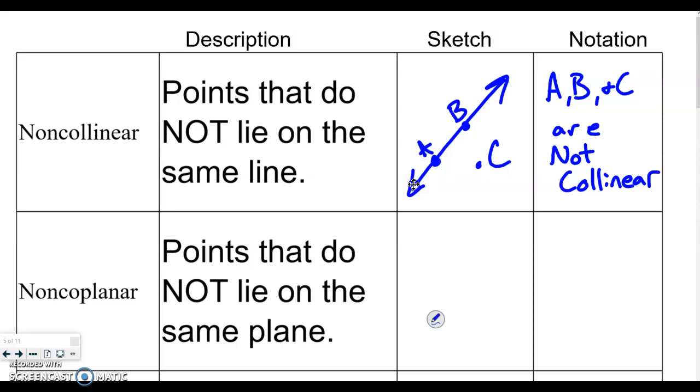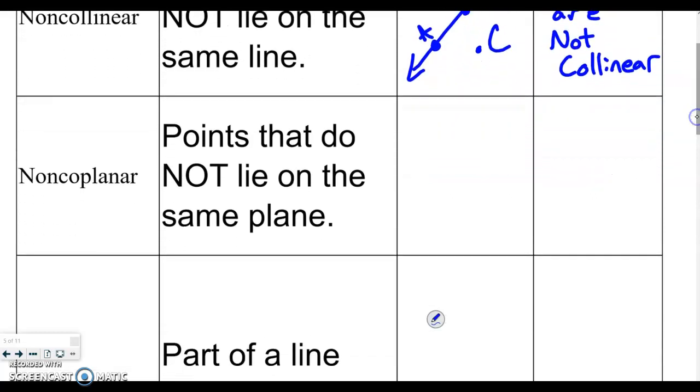Non-coplanar. Very similar, points that do not lie on the same plane. So if we draw our plane again, we have a couple points on the plane. And a point off the plane. Actually, I'm going to put another point on the plane so we could name that plane. But it wouldn't matter. A, B, C, and D are not all on the same plane.